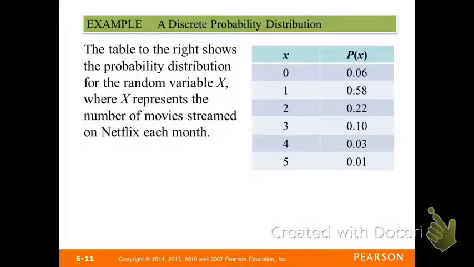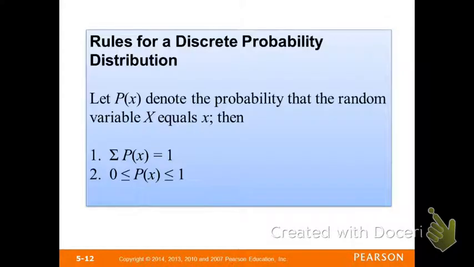Same as the previous chapter. So if we're looking at these probabilities going backwards here, 0.06 and 0.58 is 0.64, and then 0.22 makes 0.86, 0.96, 0.99, and 0.01 would give us 1. And all the probabilities are between 0 and 1, so it does meet the qualifications of being a probability distribution.